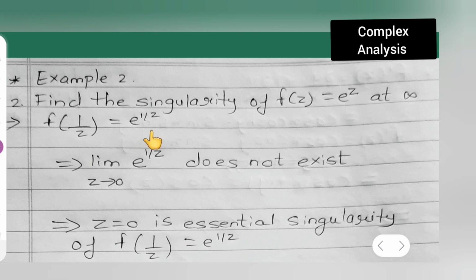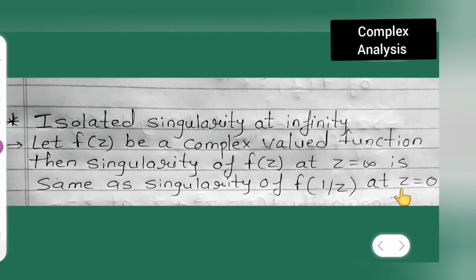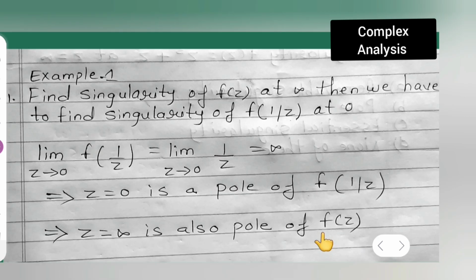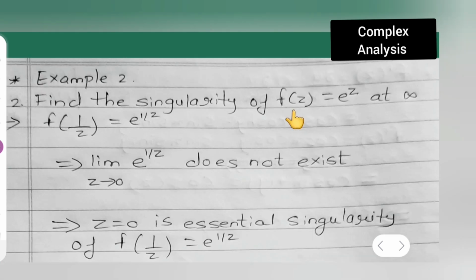So in place of z, replace this z by 1 by z. Can you see in the definition over here? I am using the definition to solve these examples. So e raised to power of, wherever z is there, plug 1 upon z.